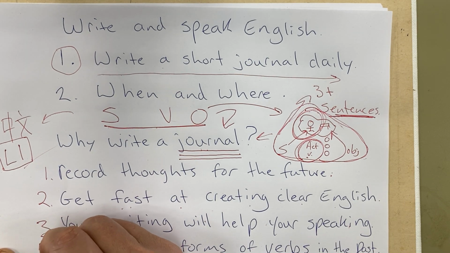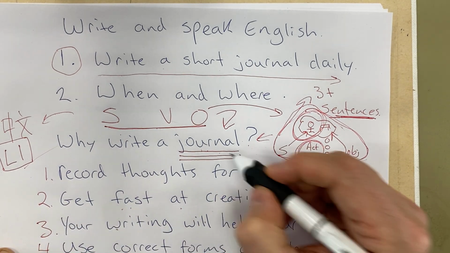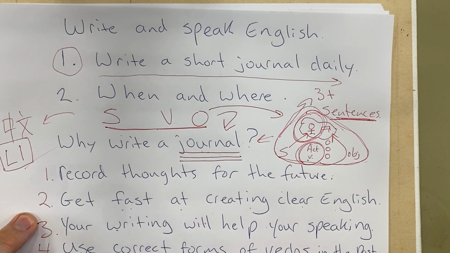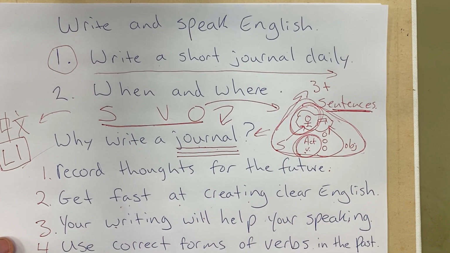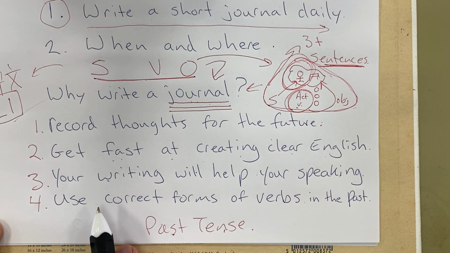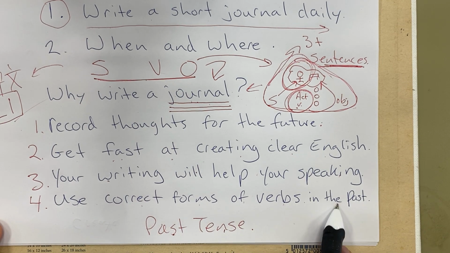All right, and number 4 is most of your journal is going to be in the past tense. So you will learn to use correct forms of the verbs in the past.